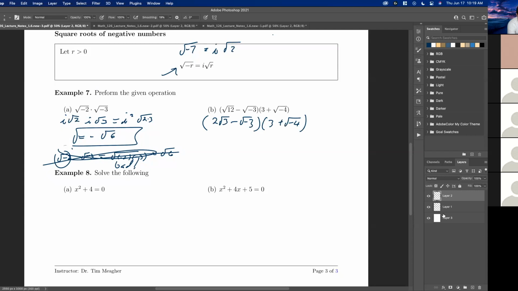Actually, let's take out the i. Let's make that our first step. So my first step is going to simplify all my radicals.